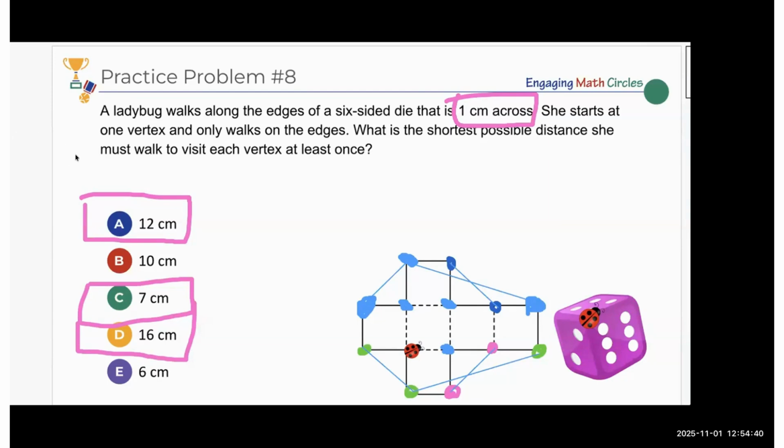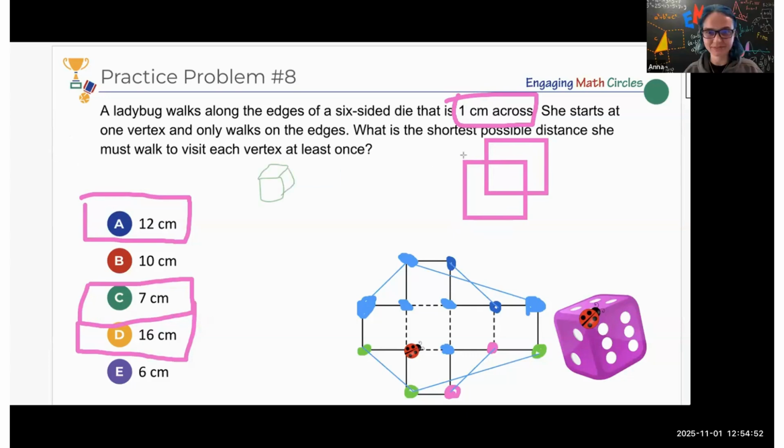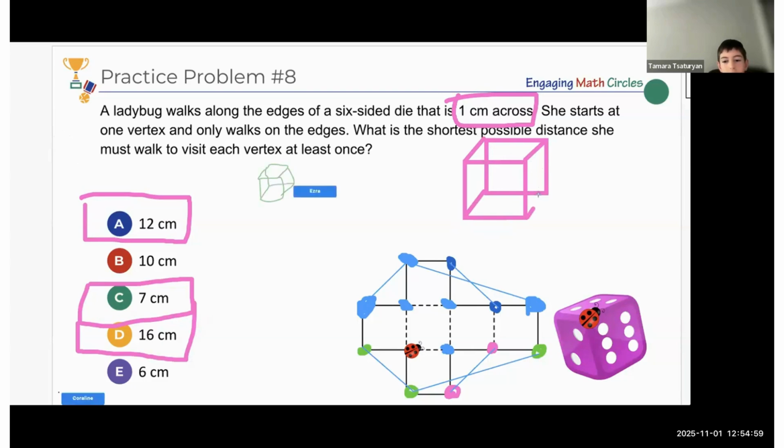I think it's D, because when you walk around the die, on a real die, you walk 4 times around the top.